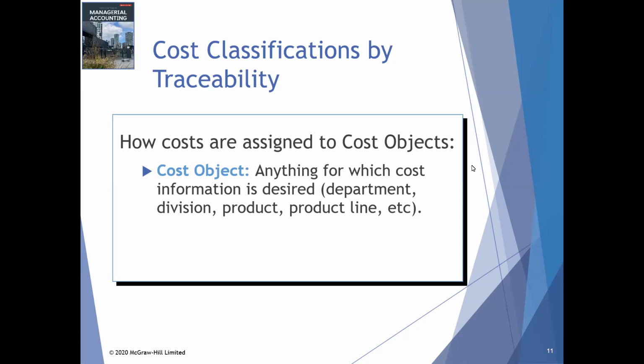Trace means find out. Let's say there are a number of products in the department. How will we be able to calculate that this product costs this much, and the second product costs this much? That will be according to classification by traceability.